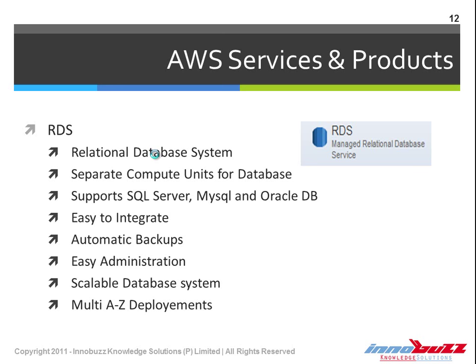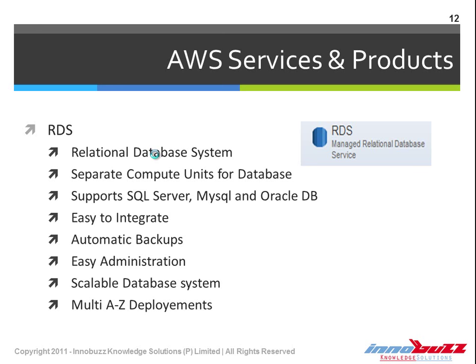It also gives the benefit of separate compute units for the database. Usually in the traditional way, we run the database as well as the web server on a single server, where the CPU and memory utilization are shared between the web server and the database. More technically, the HTTPD and MySQLD services share the performance of the CPU on which we run these services.